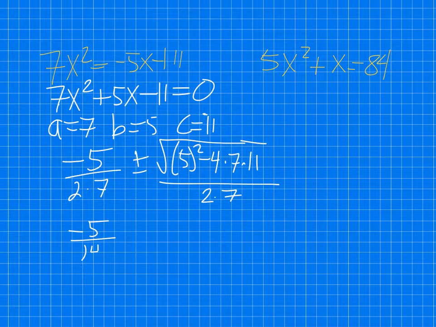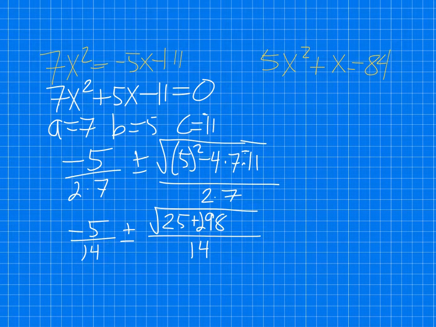Negative 5 over 14, plus or minus, and this is going to be over 14 as well, the square root of 25, and 4 times 7 times 11 is going to be, should be negative 11, plus 298. So we get negative 5 over 14, plus or minus the square root. When I add those two things together, I get 323 over 14, and we're done.